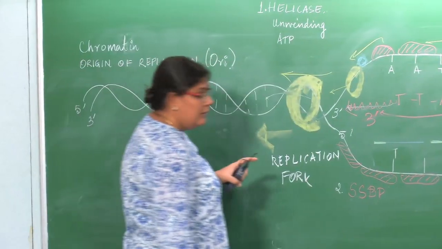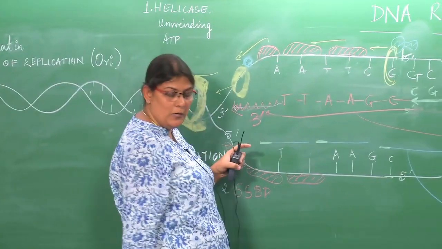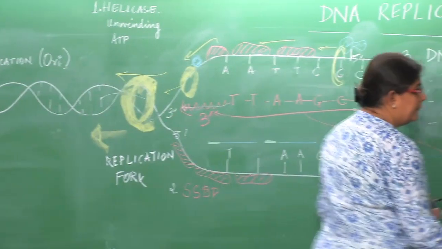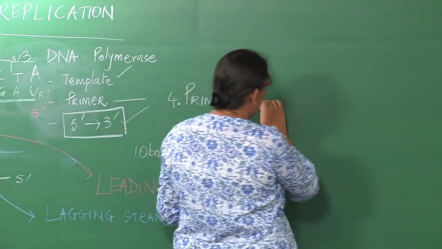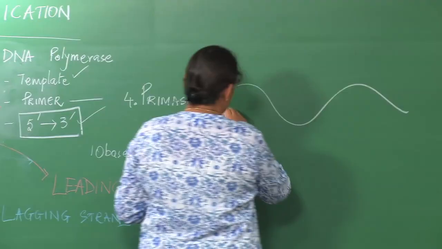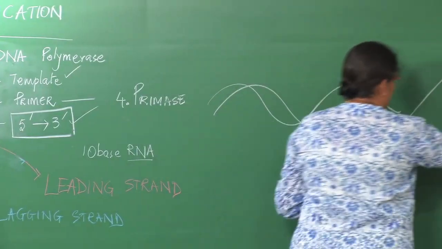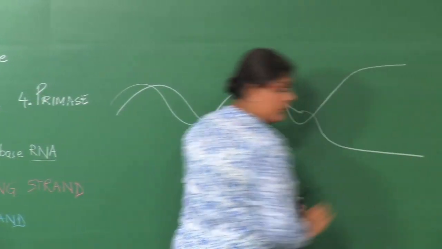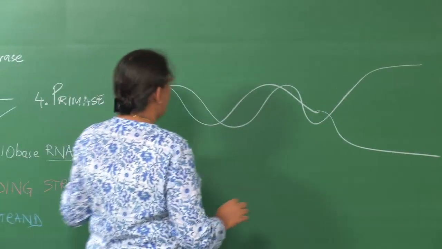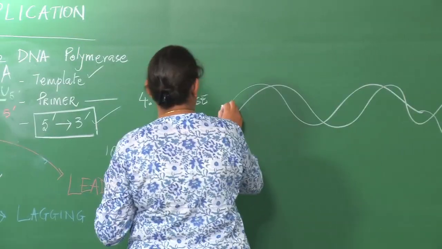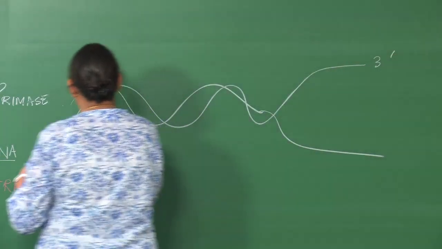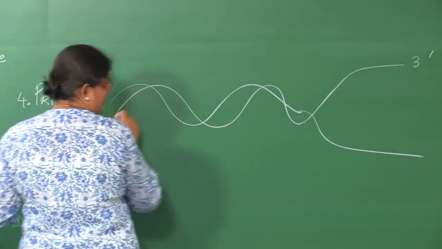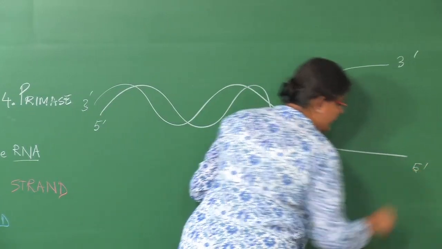And then once this has been formed, let us say, this is how I am just redrawing this in a much simpler form. So, you have this DNA molecule, right, and then you had this one as the 3 prime end, this one gave you the 5 prime, and then this was a 3 prime, and then this was the 5 prime.